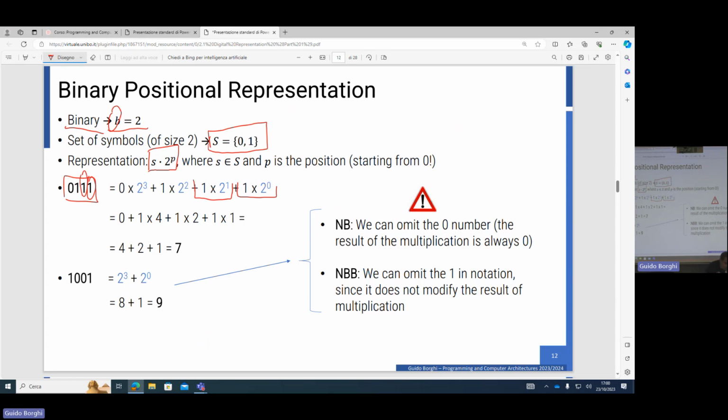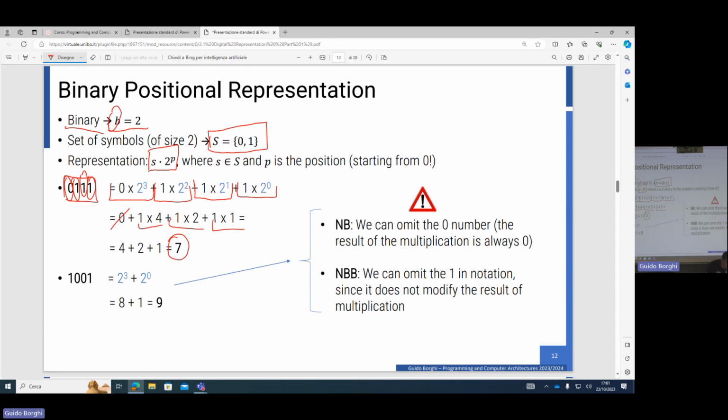Then the third one, 1 times 2 to 2. And finally, we have the 0, so 0 times 2 to 3. A multiplication with 0 is always 0. We have here 1 times 4, 1 times 2, 1 times 1, and so the final result is 7.